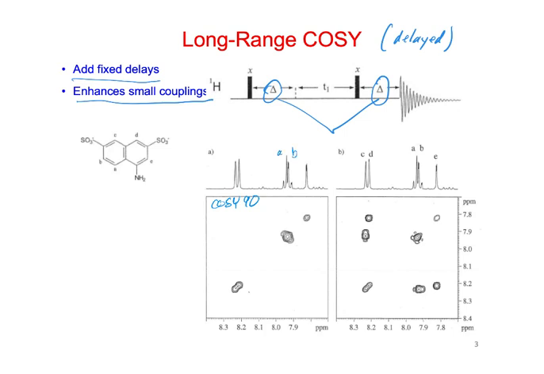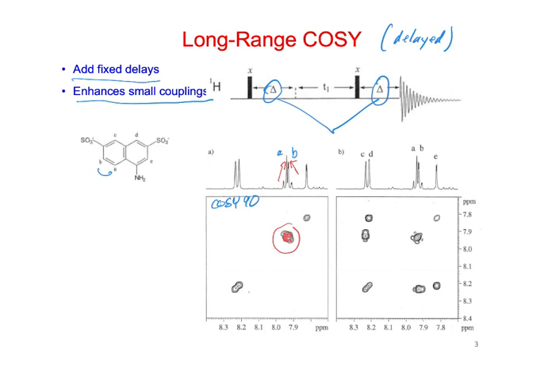This is A and B. So A and B over here would couple to each other for sure, but they're right next to each other, and in fact, we can see that these are very second-order coupling to each other because the outside peaks are so short. But because they're so close, we really can't see the off-diagonal peaks here, right? Because it would be one coupling to the other. You'd essentially have a square like that. And so we don't see anything else.